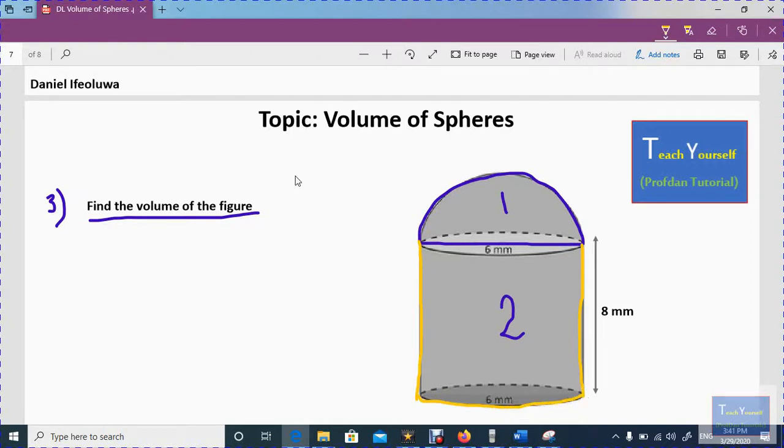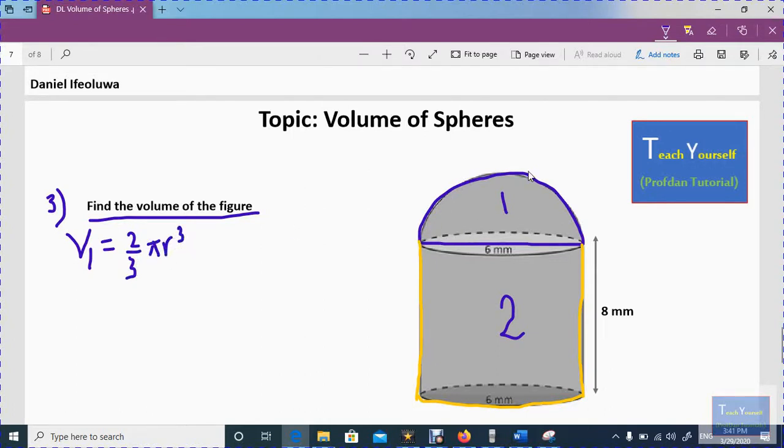So to find the volume of the figure, you find the volume of the part 1 and the volume of the part 2. You add together to get the volume of the entire figure. So let's go back. For the part 1, let me depict it as volume of 1. Volume of 1 is a hemisphere, and its volume will be 2 over 3 pi radius cube.